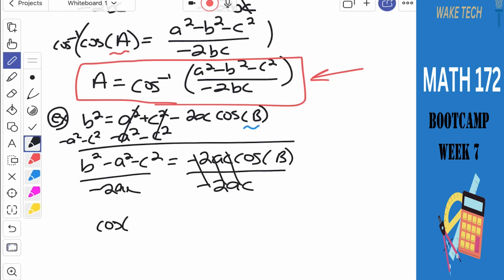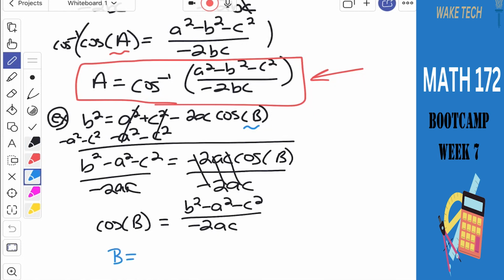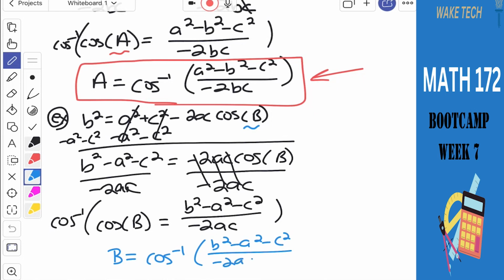So that cosine of b is b squared minus a squared minus c squared over negative 2ac. And then that means that b, if we use the inverse cosine at this point, that tells us that b is equal to inverse cosine of b squared minus a squared minus c squared over negative 2ac.